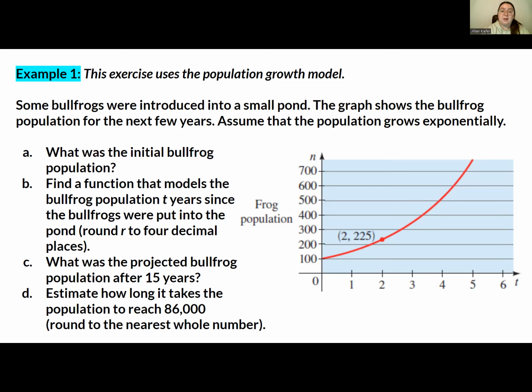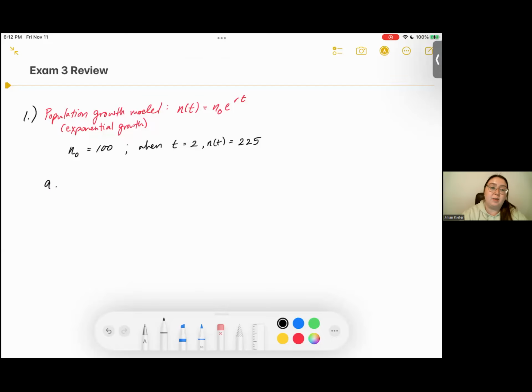So, all right, we're going to go ahead and go to our notes so we can work on this problem. For example 1, we have our population growth model, the exponential growth or relative growth rate, which is N of t equals N naught times e to the power of rt. N naught was that initial value, which we said from the graph was 100.